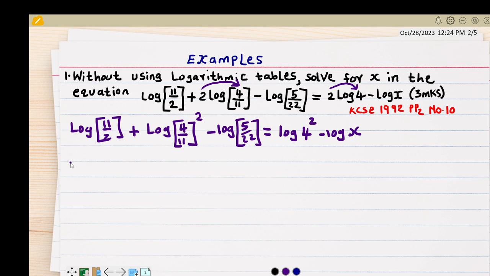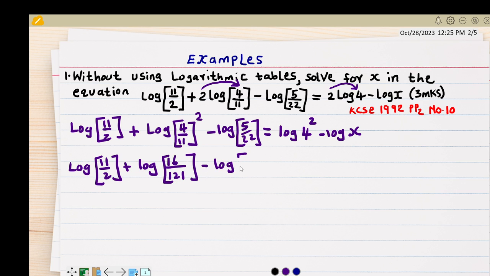So this will be the logarithm of (11 over 2), then added to the logarithm of (4 squared over 11 squared), you are going to get 16 over 121, then minus the logarithm of (5 over 22), then the whole thing will be equal to the logarithm of 4 squared, which will give you 16, then minus the logarithm of x.